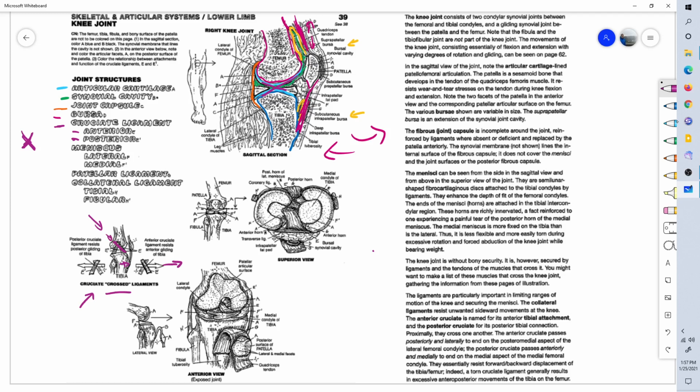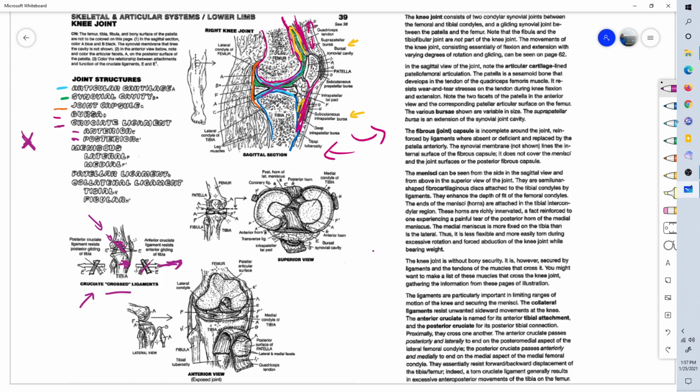And if this is pushed forward, this ligament will pull back and keep that tibia from sliding too far forward. Of course, in a tragic accident, such as we see on the fields of athletics, sometimes the force is too great, and that anterior cruciate ligament will tear.